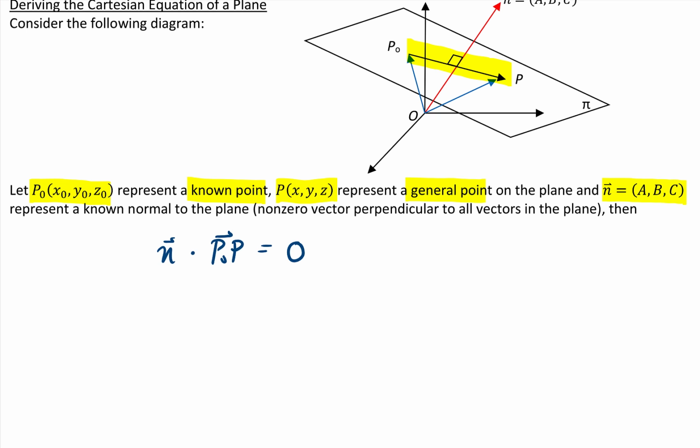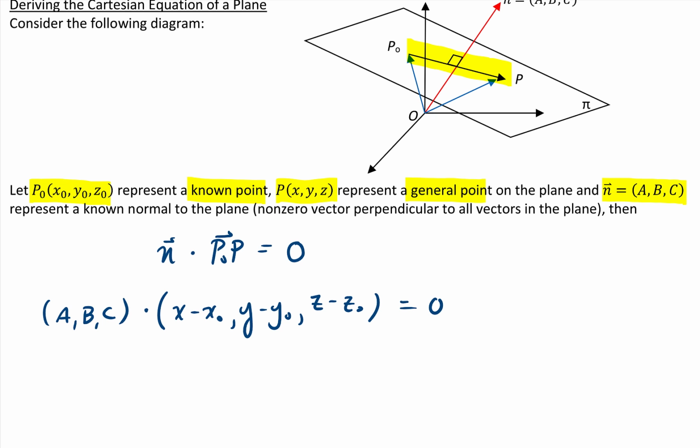So from our note there, we see that the normal has components A, B, and C, and I'm going to dot it with P0P. Remember, P is a general point x, y, z, and P0 is a known point x0, y0, z0. So if I do OP minus OP0, I get x minus x0, y minus y0, and z minus z0. And that all equals 0.